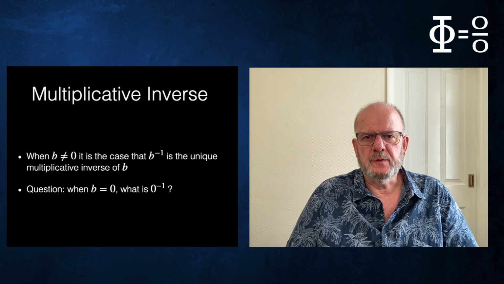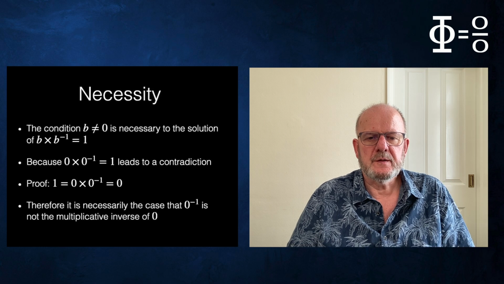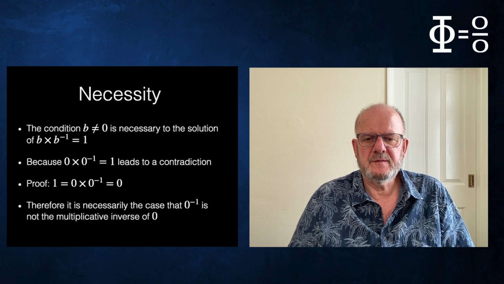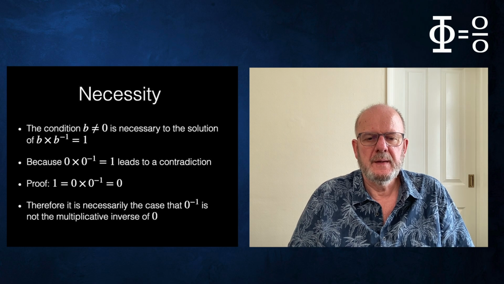Well, let's explore some more properties of 0 to the power minus 1. The condition b not equal to 0 is necessary to the solution of b times b to the power minus 1 equals 1. If instead we allowed 0 to have a multiplicative inverse, then 0 times 0 to the power minus 1 equals 1, but this leads to a contradiction.